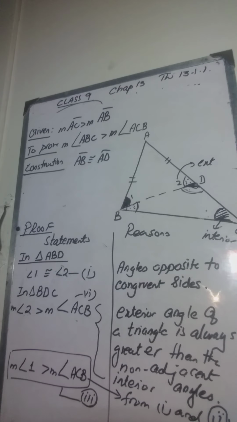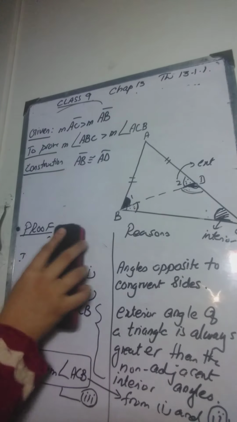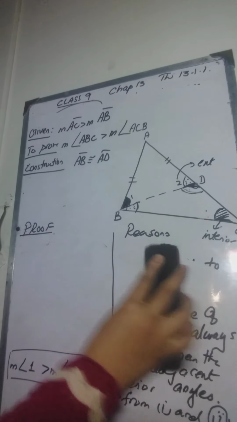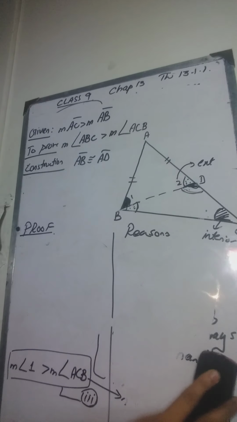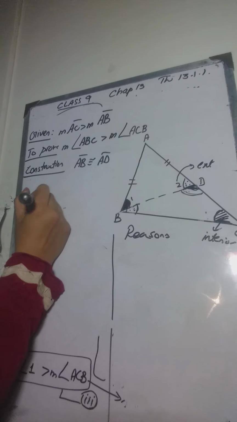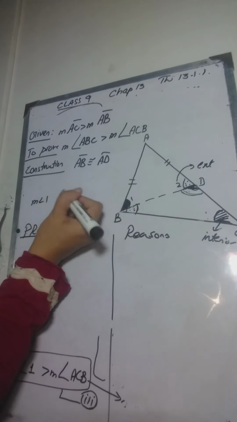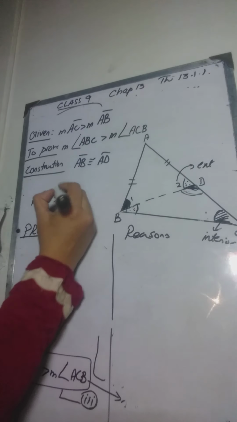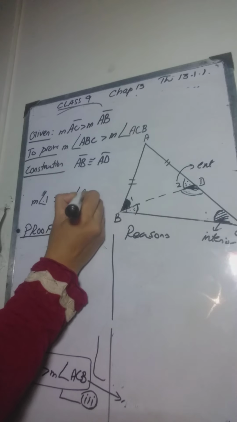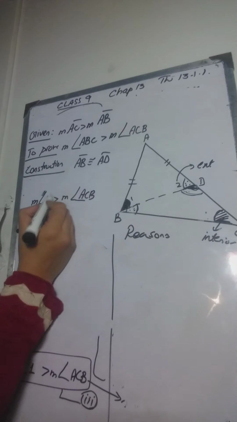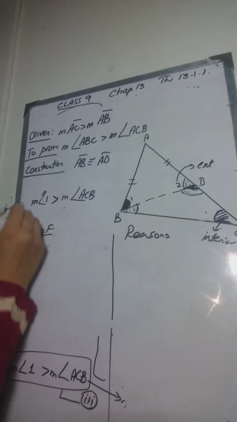Now let me erase this because we are going to do the next step. Moving forward, let me write this somewhere here: the measurement of angle 1 is greater than the measurement of angle ACB.